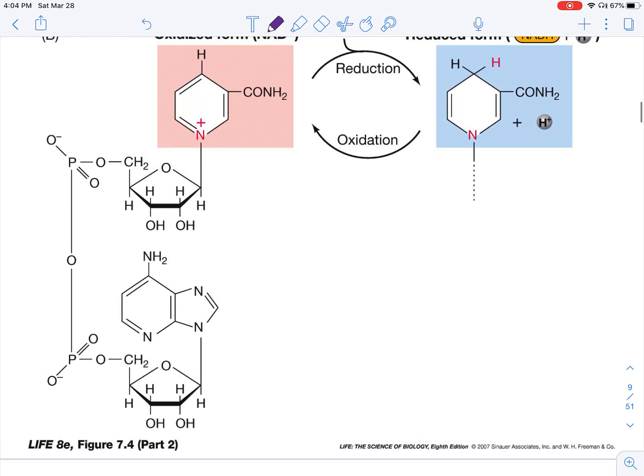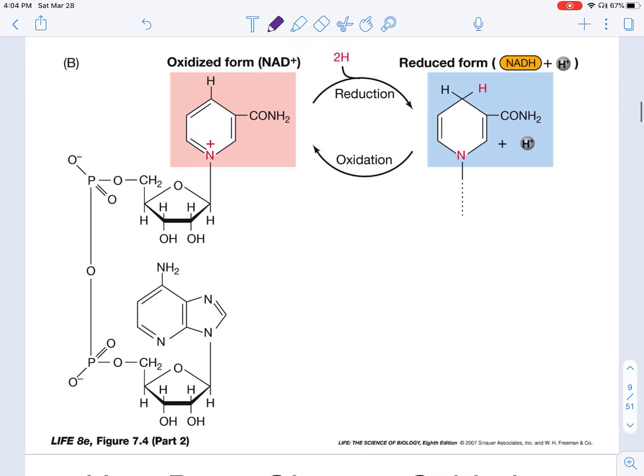And then this is the chemical formula of NAD. It's not really important in biochem to go into a little bit more detail of this, but hopefully you can point out, if you look, there are four biological macromolecules, right? What are they?